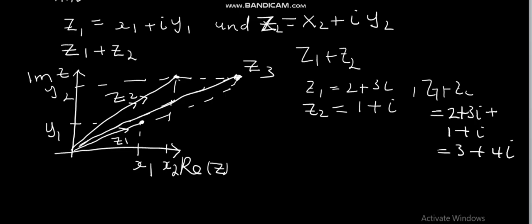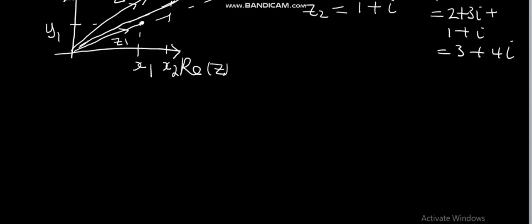So for example, we can be given some questions. Example 1: represent the following on the Argand diagram. Our Z1 is equal to 2 plus 3i, and our Z2 is equal to 4 minus 2i.